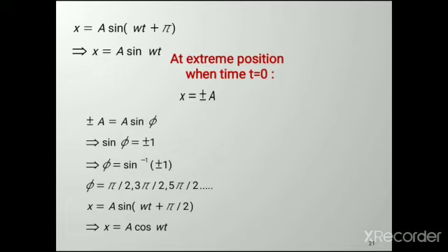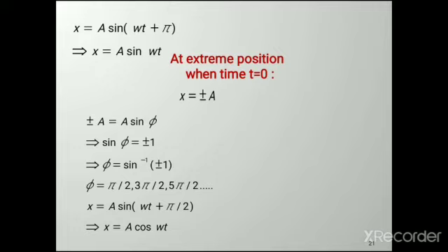We know that sine theta is equal to plus minus 1 when theta is equal to pi by 2, 3 pi by 2, 5 pi by 2, etc. Hence, substituting the value of phi, we get x is equal to a sine omega t plus pi by 2, which is equal to x is equal to a cos omega t.